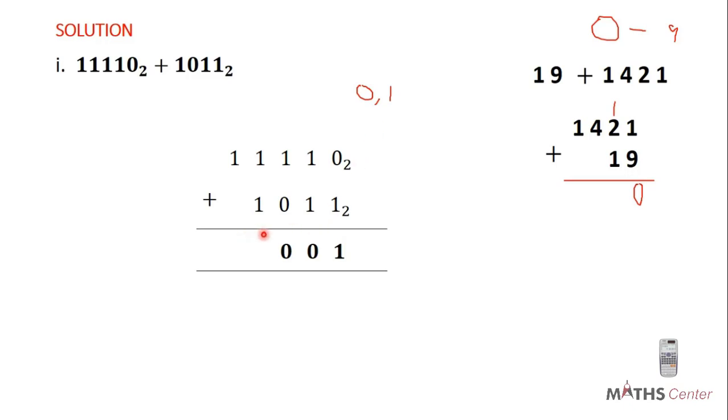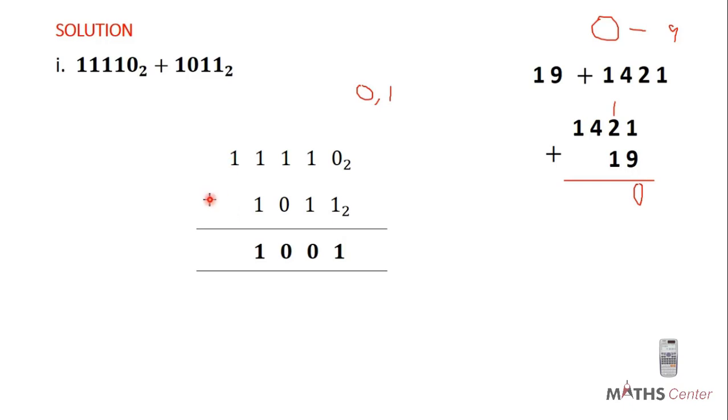To find 3 in base 2, you divide 3 by 2. That will give us 1 remainder 1. So you write 1 here, then you carry the remainder 1 to this side. That will give us 1 plus 1. 1 plus 1 is 2. There is no number here, so it means the number there is 0.